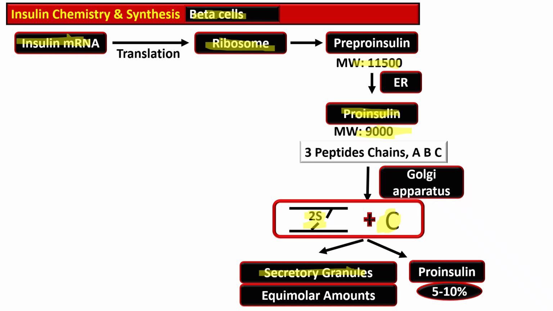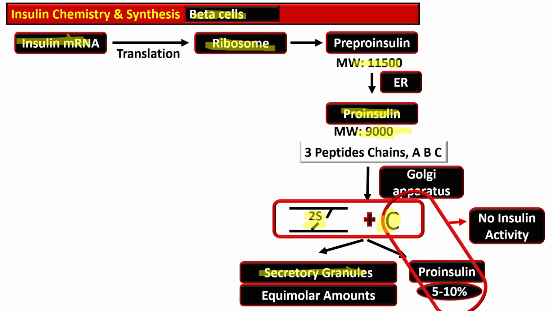They are stored and kept inside these secretory granules in the beta cells of the pancreas. They are packaged inside these secretory granules and then released in equimolar amounts in the blood, and about 5 to 10% of the secreted product is unprocessed proinsulin. So proinsulin and C-peptide have virtually no insulin activity.